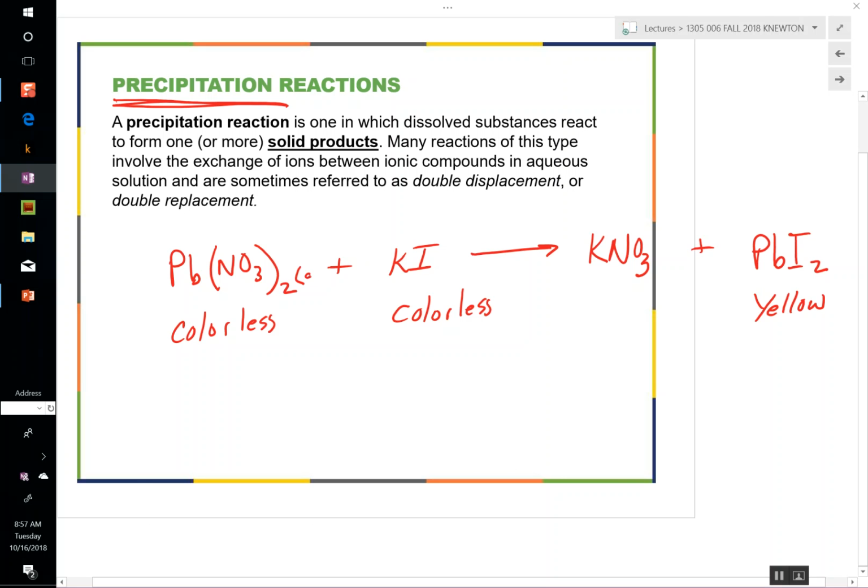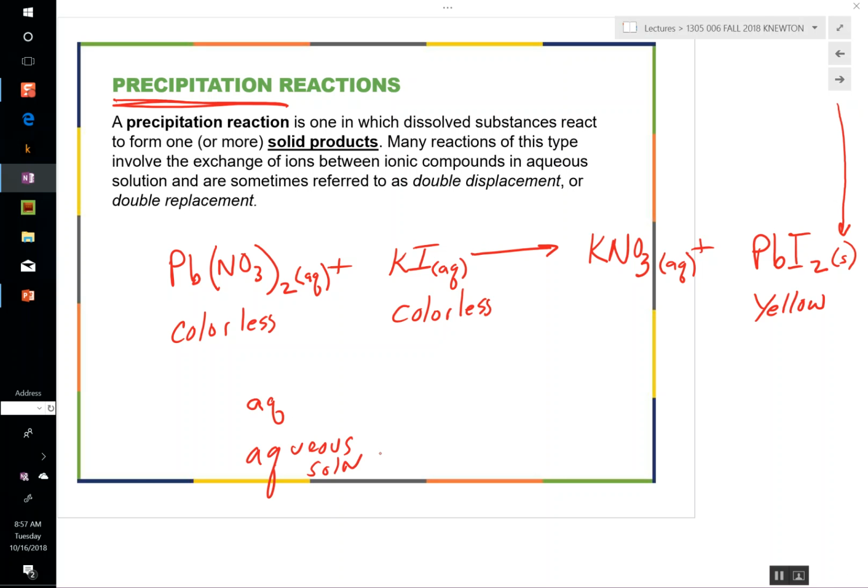And really, one of the key indicators for you is going to be right here. This means it's an aqueous solution. And what that is telling you is that lead nitrate is soluble in water.